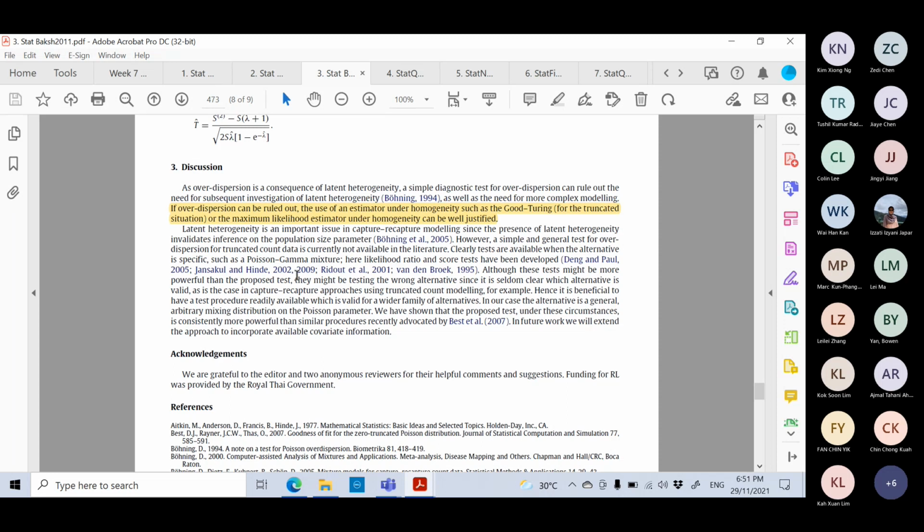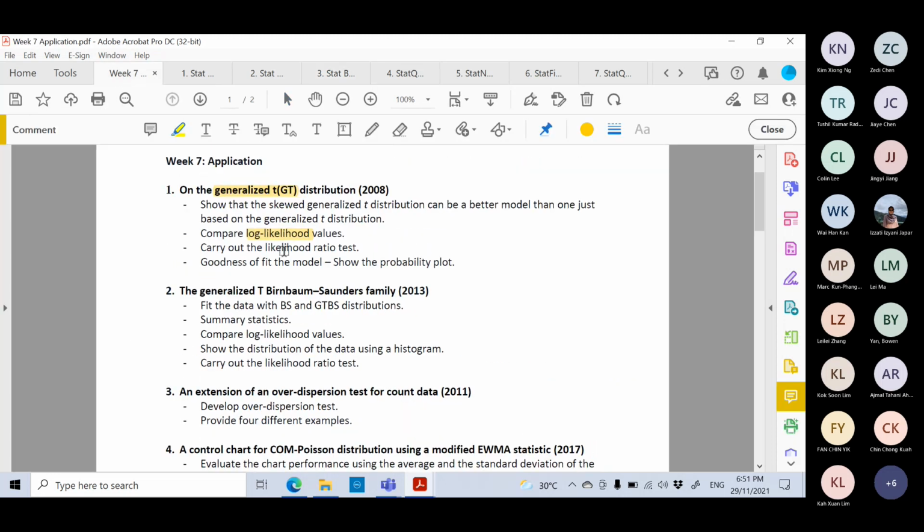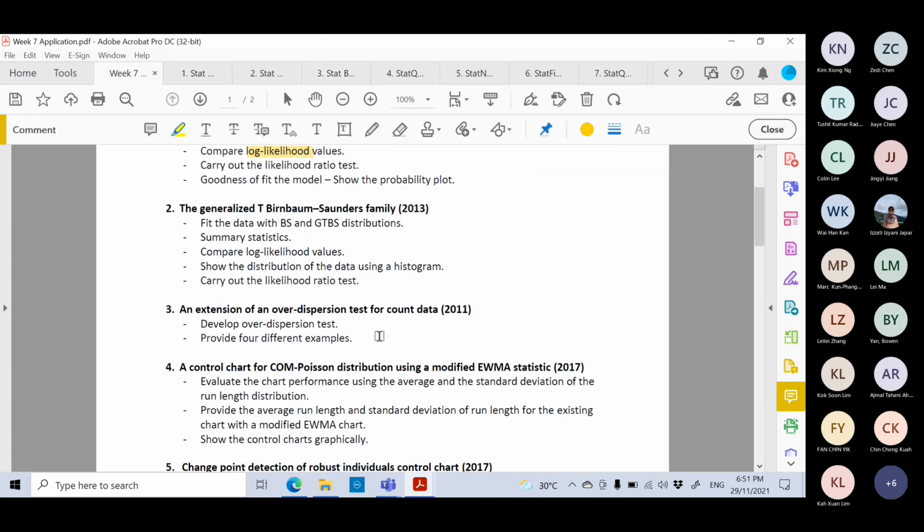Not only for count data, you can extend the existing technique to a new test, or apply it in other areas. So the third paper also needs to be supported with a lot of theory.